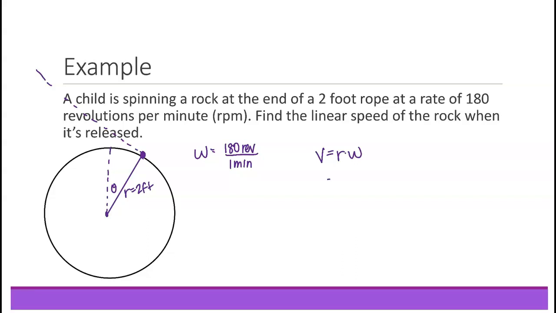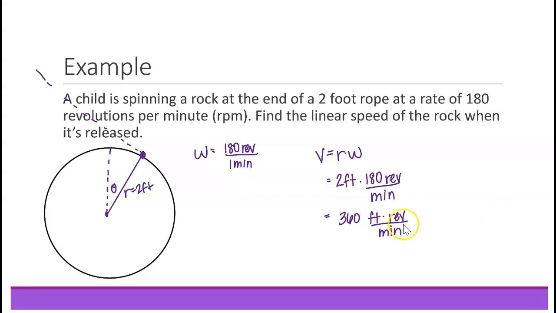Well, the radius was 2 feet, and the angular speed was 180 revolutions per 1 minute. So here I can multiply the 2 times 180 and I end up with 360, but I have feet times revolutions per minute.